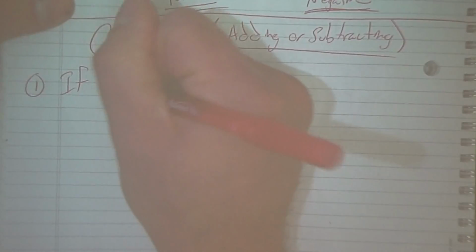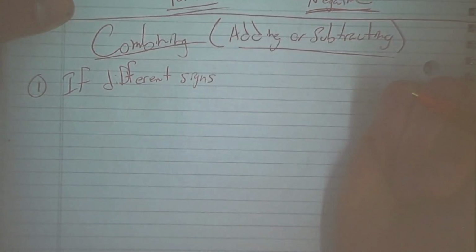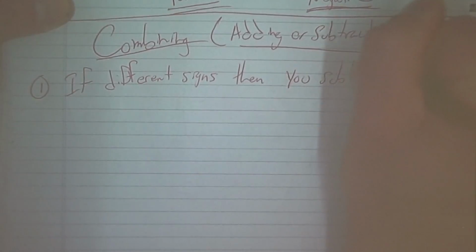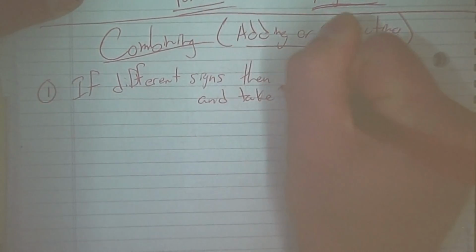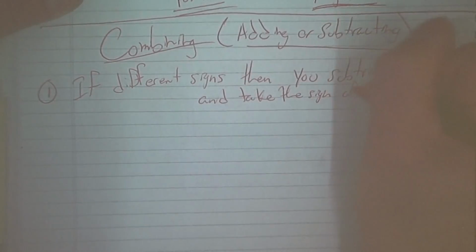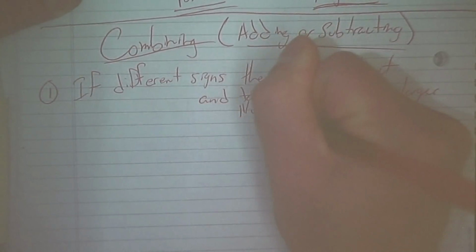My rule is, if you have different signs, then you subtract and take the sign of the larger number.